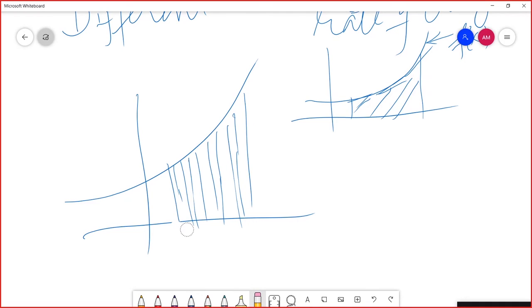So these strips, we are integrating. If this is the rate at which things are sold for a month, this whole area will give you the amount which is earned. Do you understand this or no?